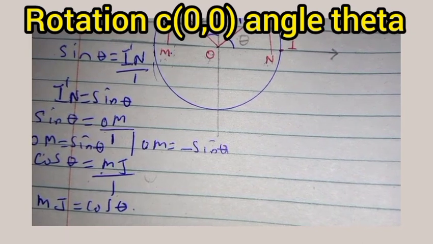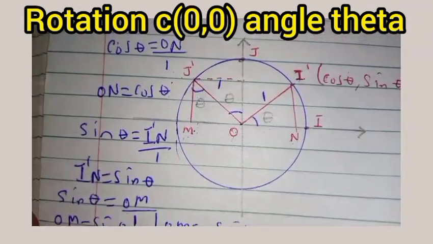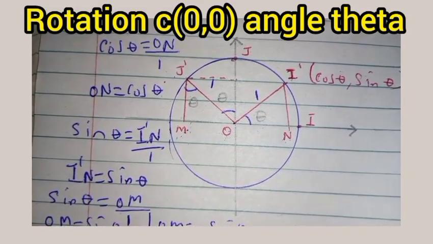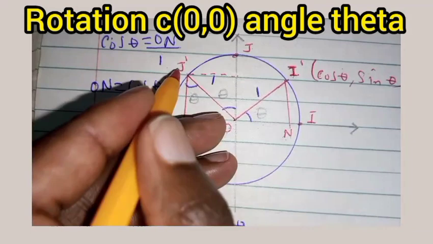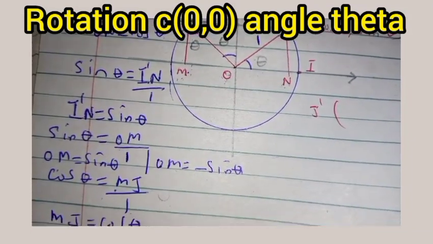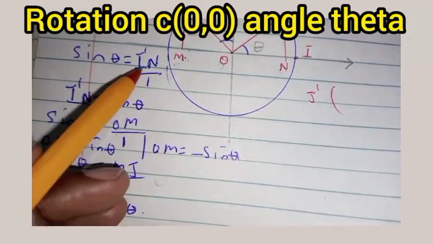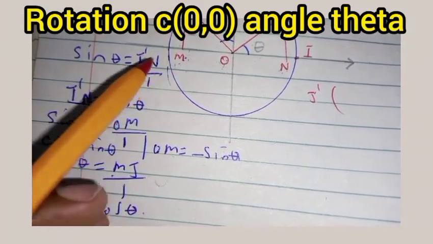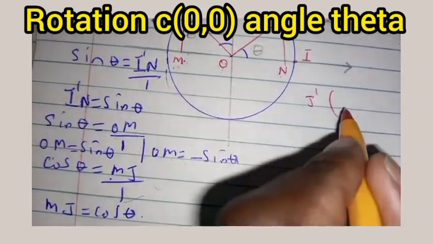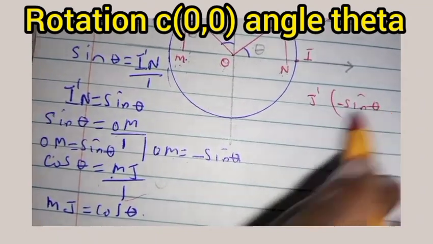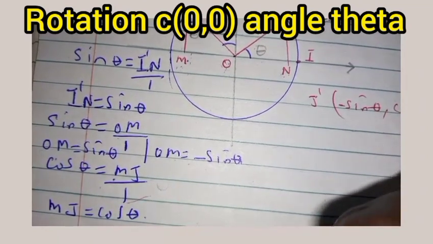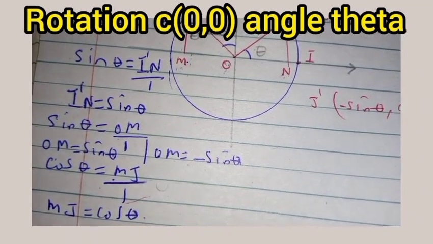So now we can write the coordinate of j prime. Let me write it down here. The coordinate of j prime will be given by, you always start with the x coordinate, which is negative sine theta, comma, cos theta.